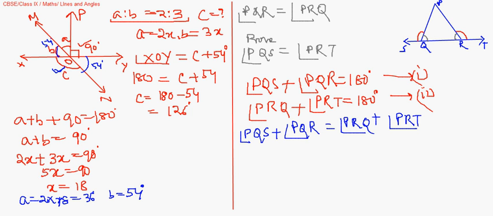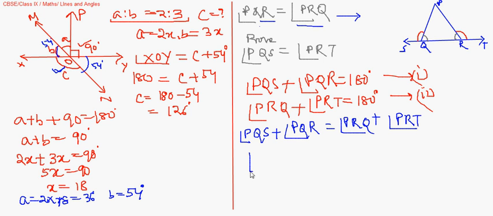Now we can substitute the ones which are equal given. It is given PQS plus PQR equal to PRQ plus PRT. Now if I substitute, instead of PQR, PQR is equal to PRQ. So I substitute this given part here in the equation.